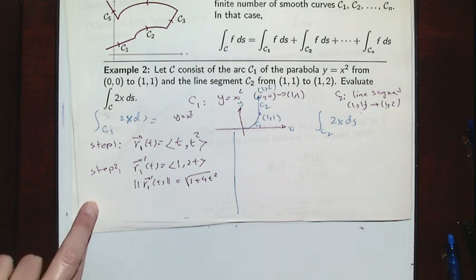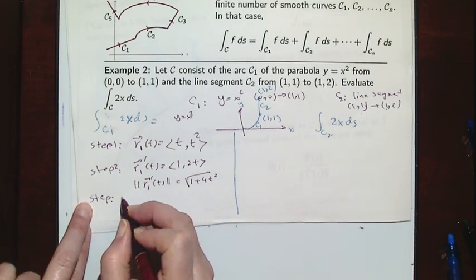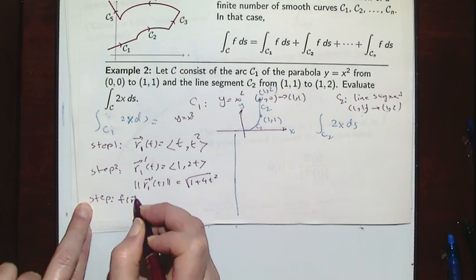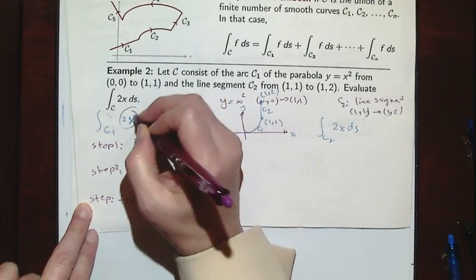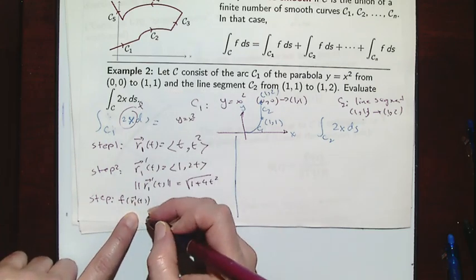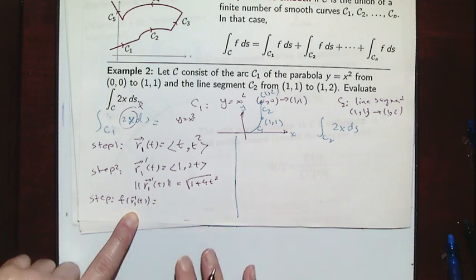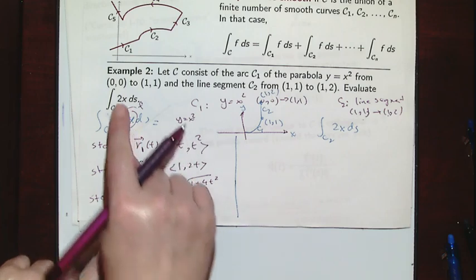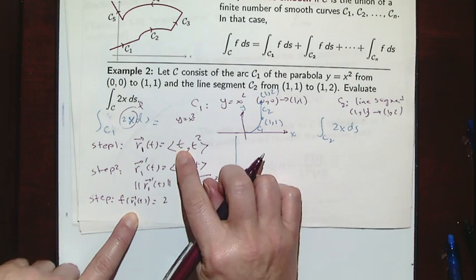Now, what you need to do, step 3, compute f of R1 of t. What is f? So when I plug in, it's 2x, right? 2x. So I plug in 2 times, what is x here?